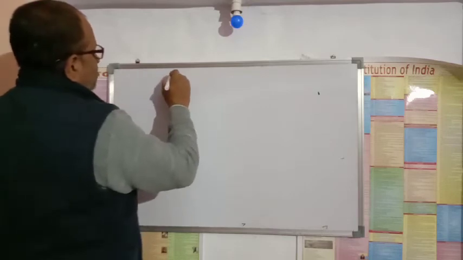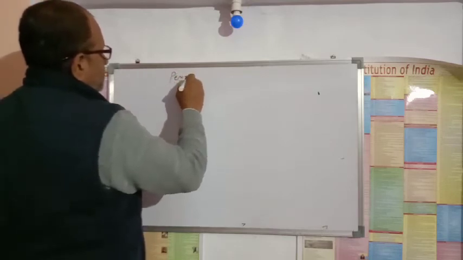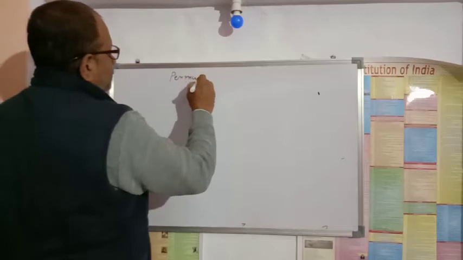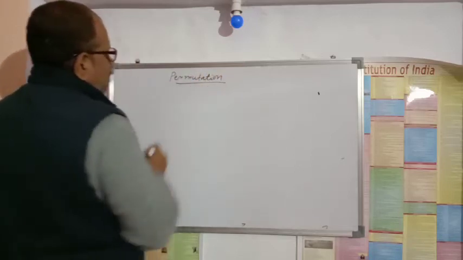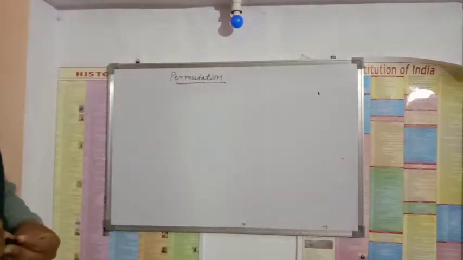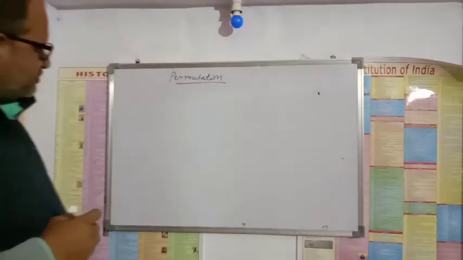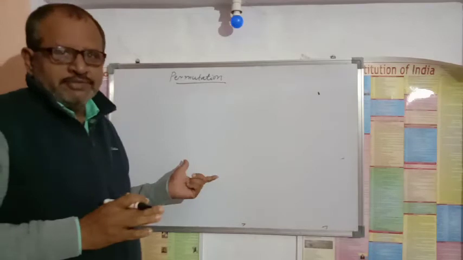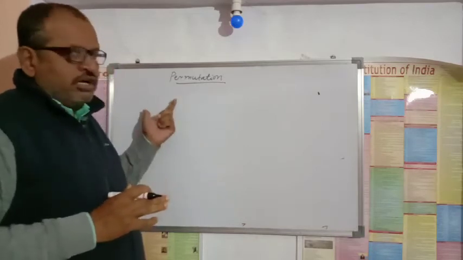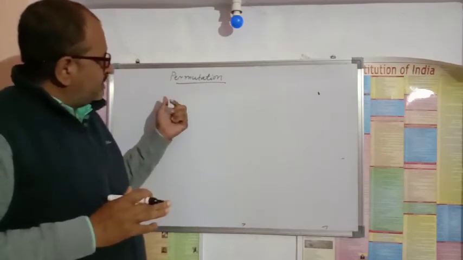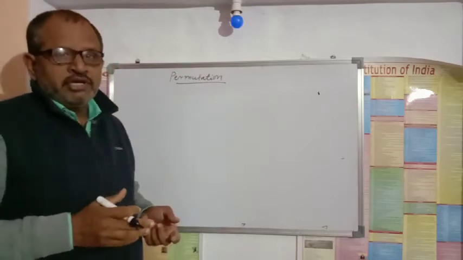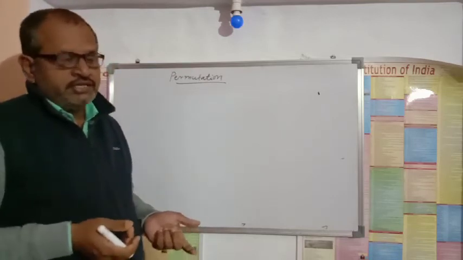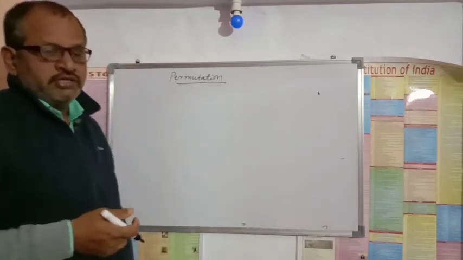Now see permutation. What is permutation? All the arrangements which can be made by taking some or all the objects together is called permutation.